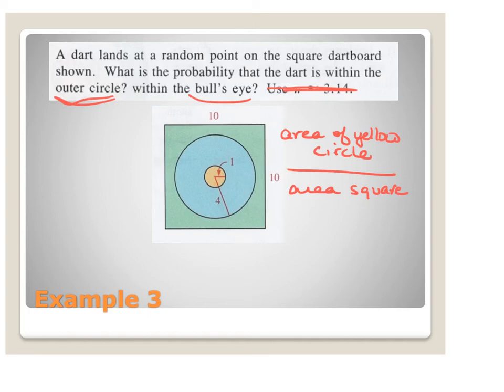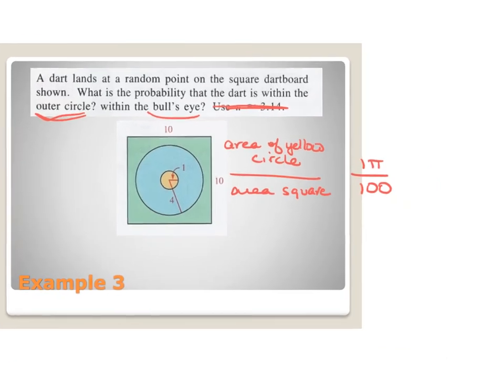So my answer for the area of the yellow circle is 1 pi, because 1 times 1 is 1. Then the area of the square, it's a 10 by 10, so 10 times 10 is 100. So the probability of a dart landing in the bullseye would be 1 pi over 100. Now, if we were using 3.14 for pi, we would have put 3.14 over 100 and simplify it. But we're just leaving it in terms of pi.